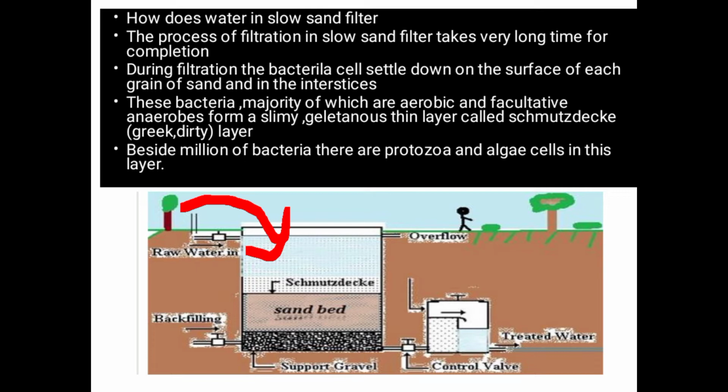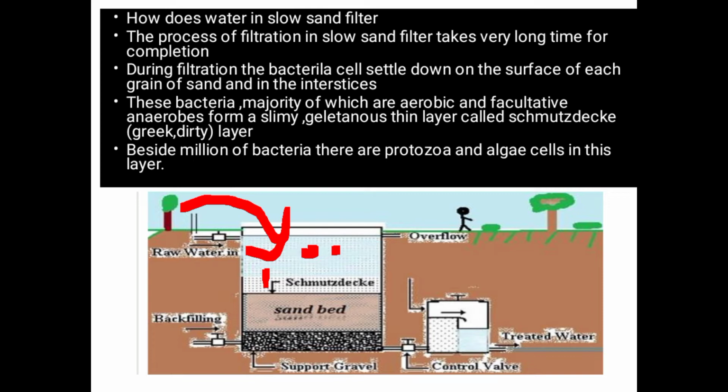During the filtration, the bacterial cells settle down on the surface of each grain of sand. These are bacterial cells, and they attach and settle down on the surface of each grain of sand.